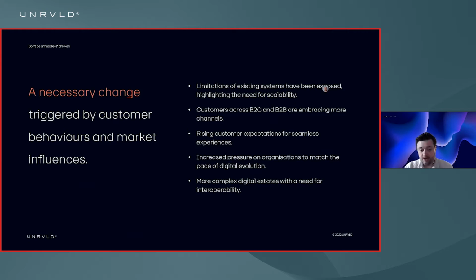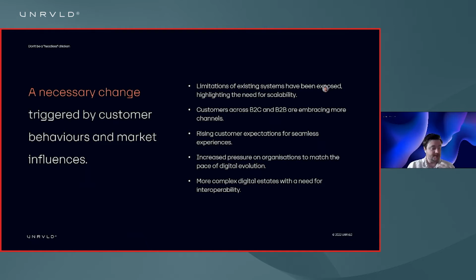From a customer point of view, they're consuming content and engaging with you across an increasing number of channels. And particularly across the younger generations, there's a higher demand for that seamless experience. They want you to remember the conversation you had on channel A while they're talking to you on channel B.